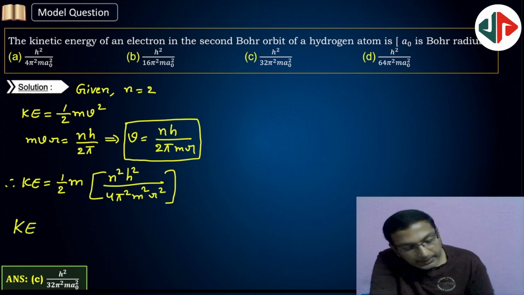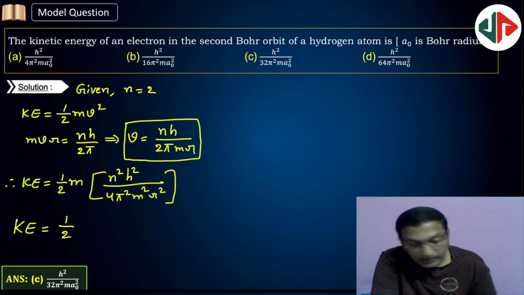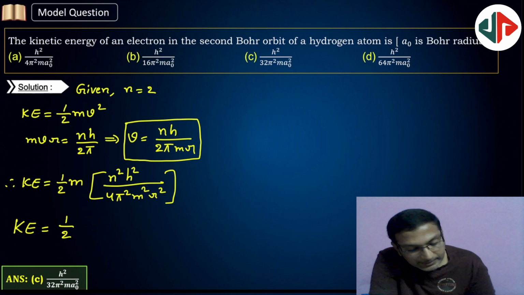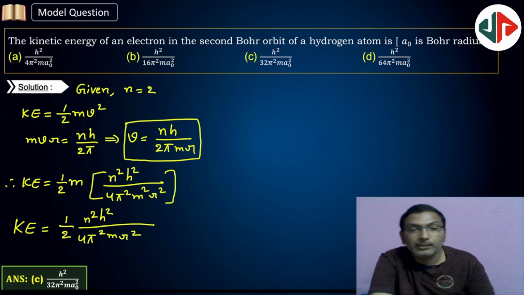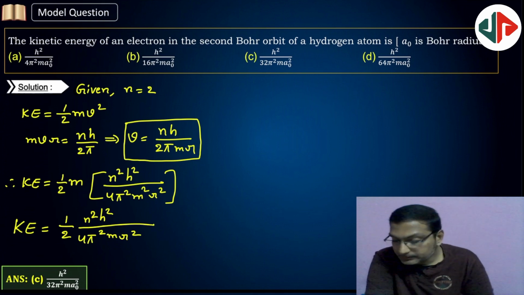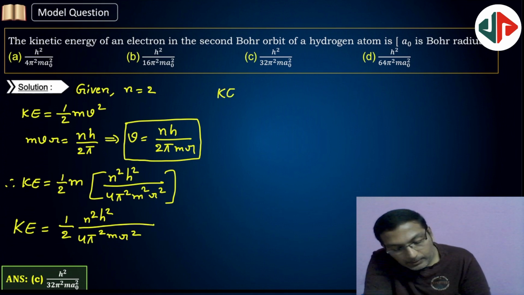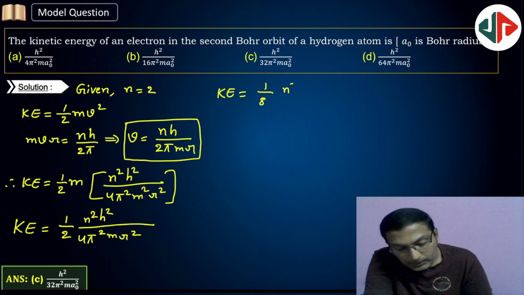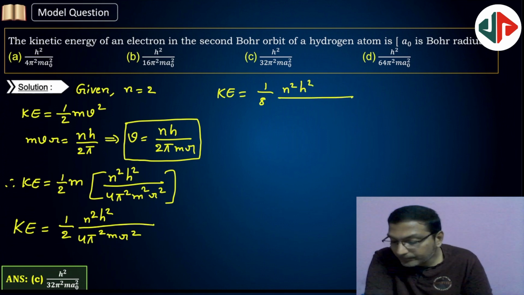So from this, K equal to half into, m and m square get cancelled, n square h square by 4 pi square m r square. That is, K equal to 1 by 8 into n square h square by pi square m r square.